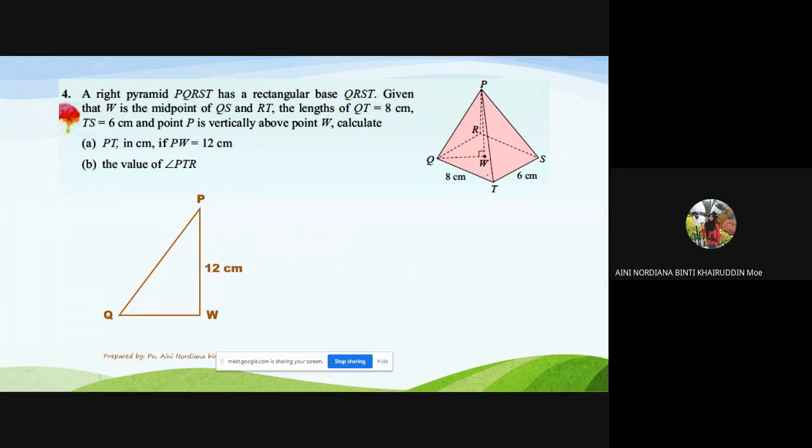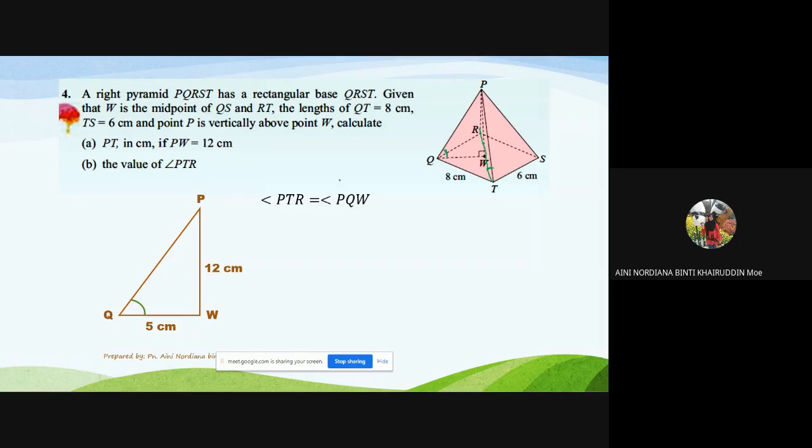You want to calculate this angle PTR. This angle equals this angle, so you can use the same triangle. Just now QW is 5 cm. So you want to calculate this angle.